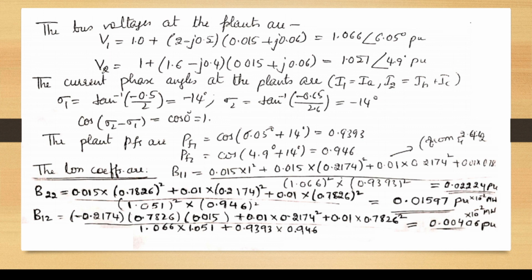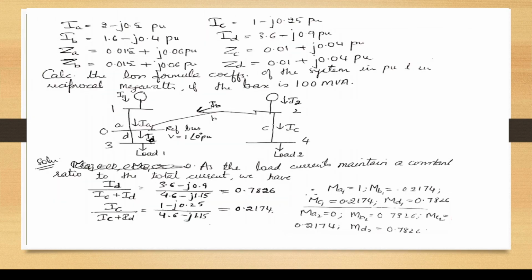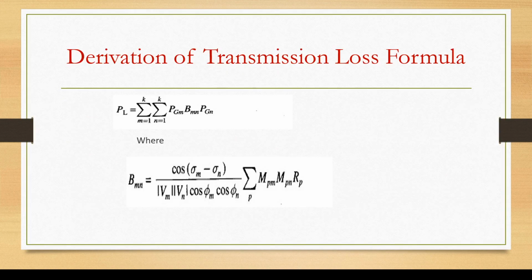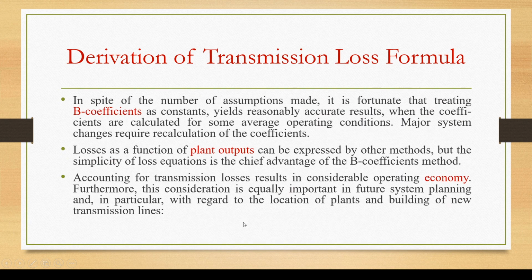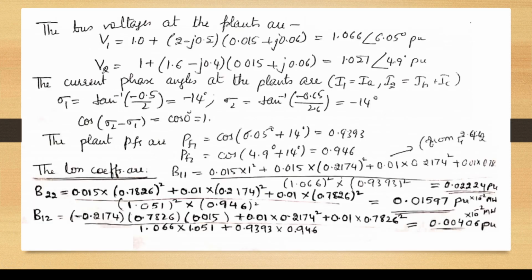Now let us calculate the loss coefficients B11, B22, B12. We have the equations here for B11, B12 and B22, that is 1 by mod V1 square cos phi 1 square summation MP1 square. From these equations we calculate the values of B11, B12 and B22.